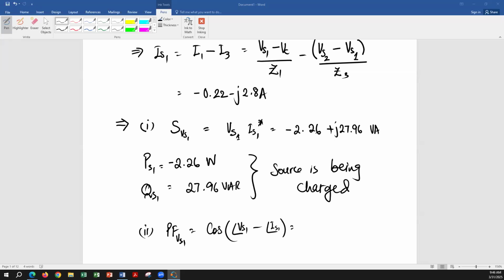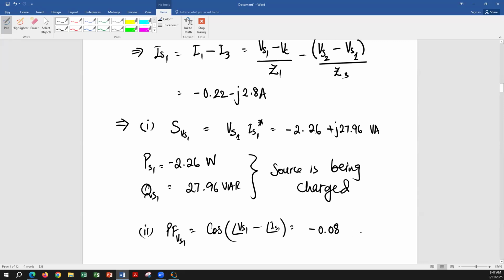Angle of IS1. I did not specifically calculate it, but I can always write down angle of IS1. And that's going to give me, again, a negative power factor. Negative power factor does not exist, remember. So it's the positive power factor, but since the direction is giving me is doing it in the third quadrant, basically, because the values that I took is like all over the place. So the source is being charged and all those things. So I'm going to put down the actual value, negative 0.08.